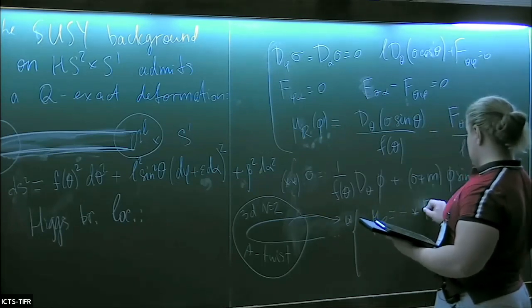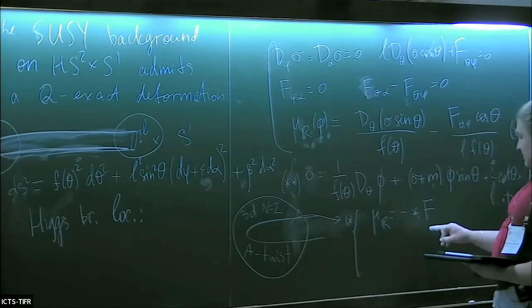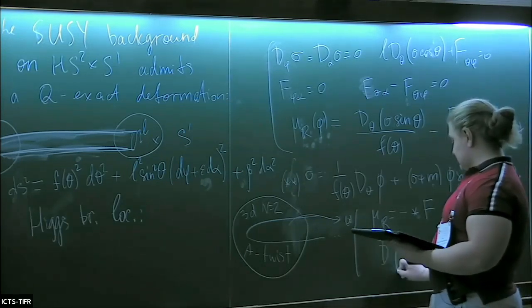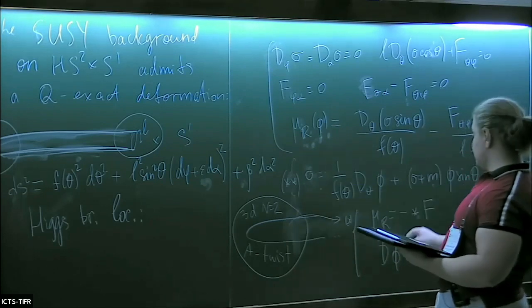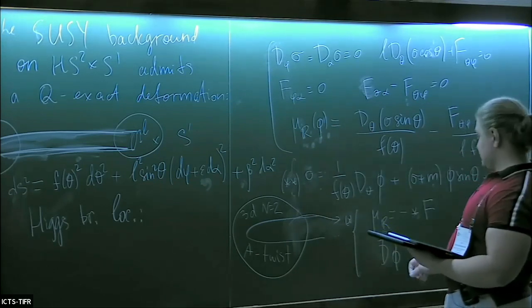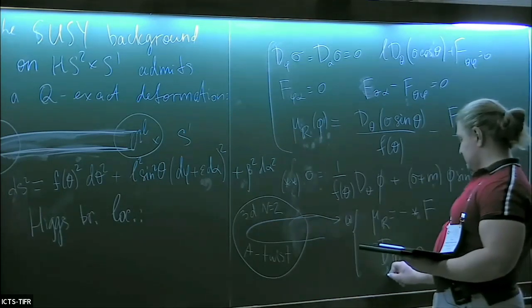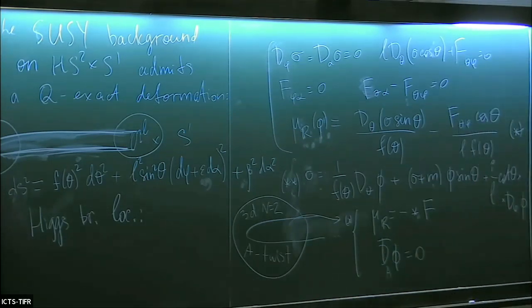It's just star, two-dimensional star, F, and the second equation becomes just the anti-holomorphic with respect to this gauge field derivative.